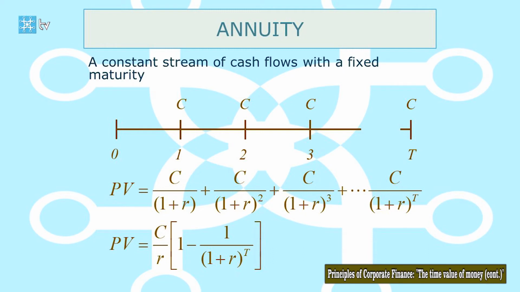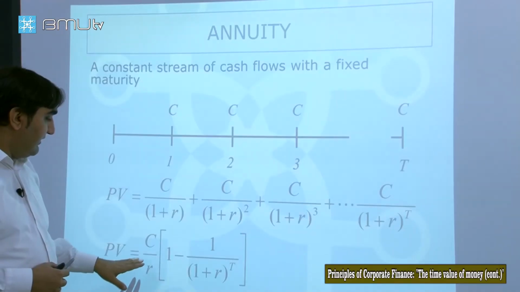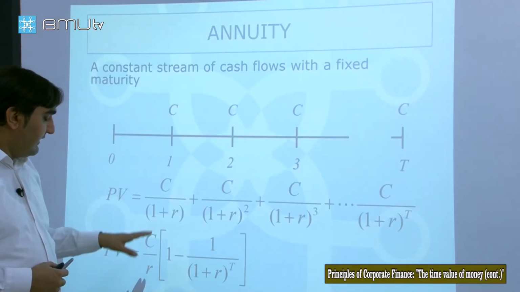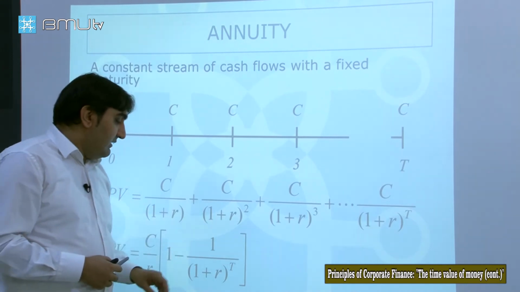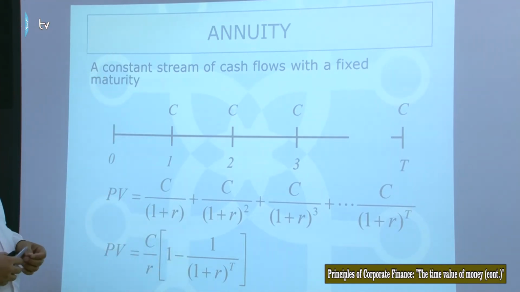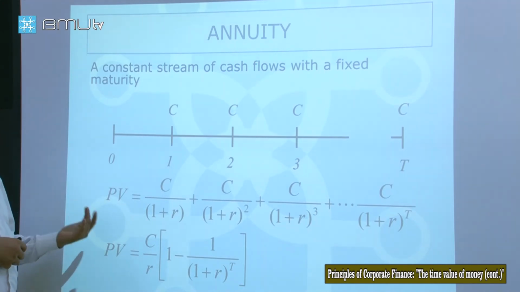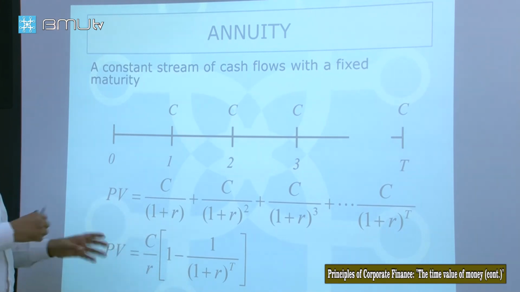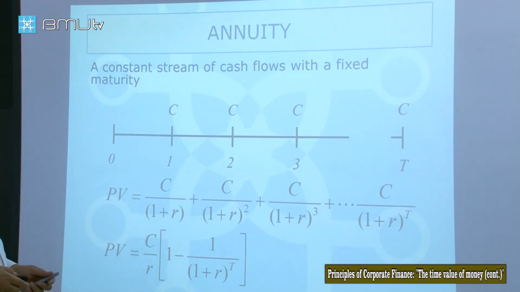Finding the present value of all these numbers with a small simplification, we get the present value as C divided by R times 1 minus 1 divided by (1 plus rate) to the power of T. This formula is the same as what I wrote earlier. That's just a rearrangement of the formula.